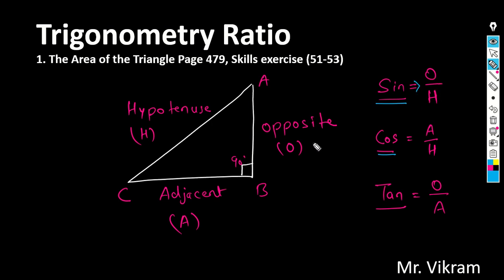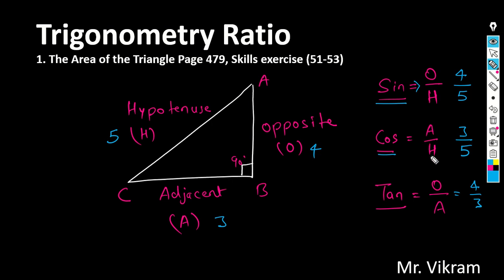For example, if you have 3, 4 and 5, then sine will be opposite, which is 4, over 5. And cos is adjacent over hypotenuse, so the cos will be 3 over 5, and tan is opposite over adjacent, so that will give you 4 over 3.